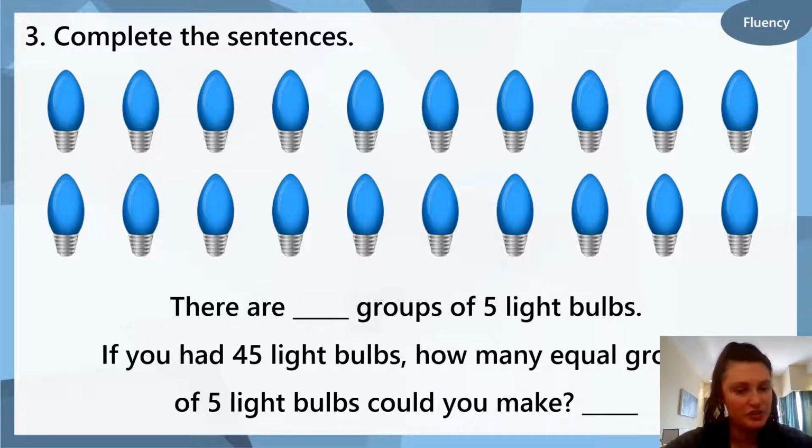Next part of the question, if you had 45 light bulbs, how many equal groups of 5 light bulbs could you make? So in your home, I want you to take 45 counters, put them into equal groups of 5 and see how many groups you can make.